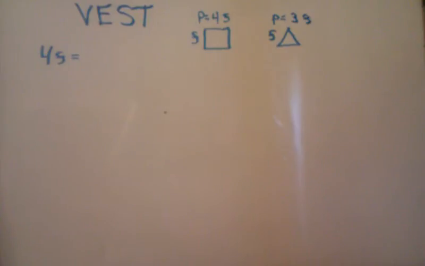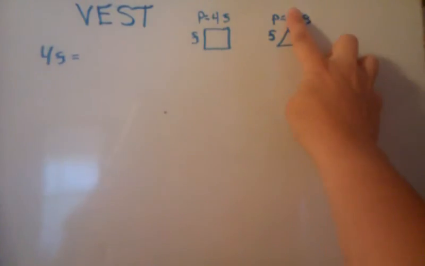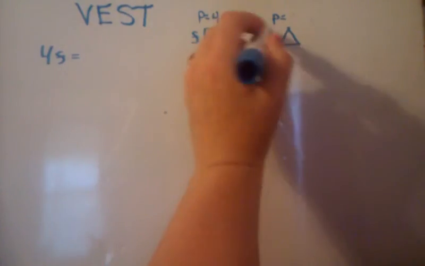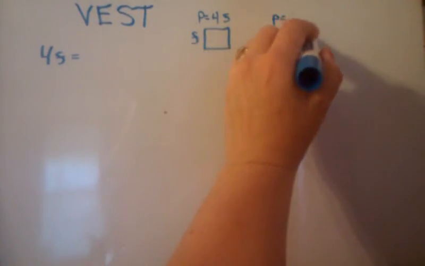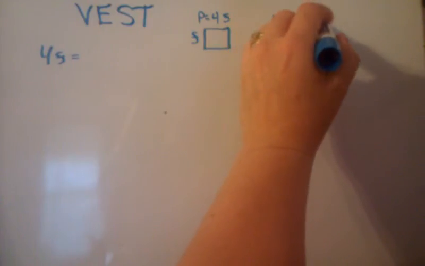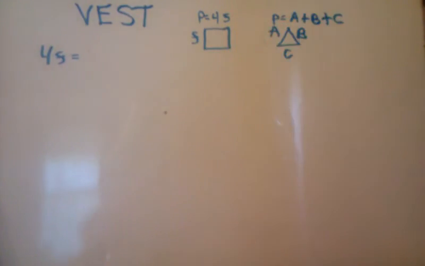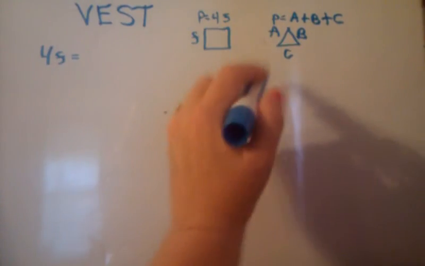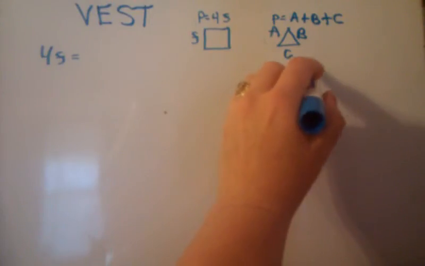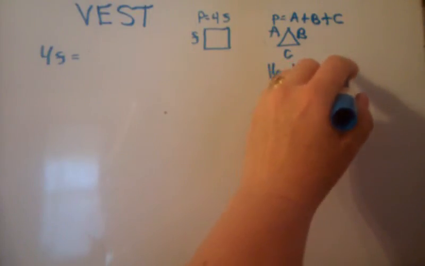It says each side of the triangle is 16. A, B, and C. The perimeter of a triangle is A plus B plus C. Now, if I know that on my triangle all these are 16, I can do 16 plus 16 plus 16.